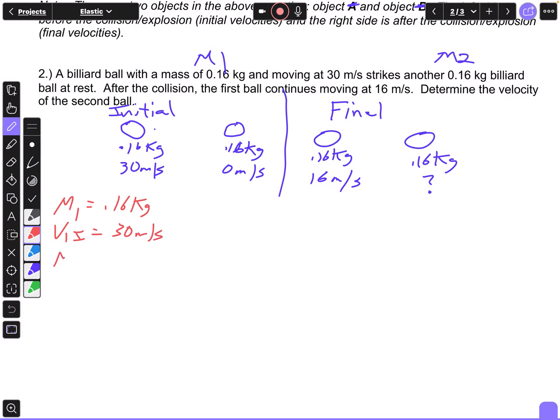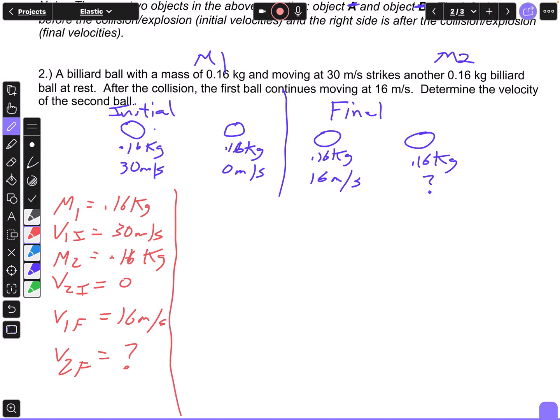We have M2, which is 0.16 kilograms also, and V2I, its initial velocity, is 0. Then we have V1F, the final velocity of the first one, which is 16 meters per second. And V2F is what we're looking for.